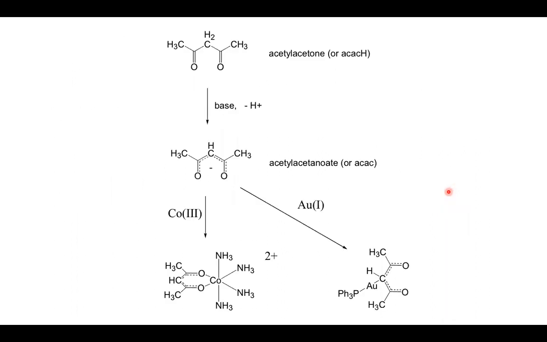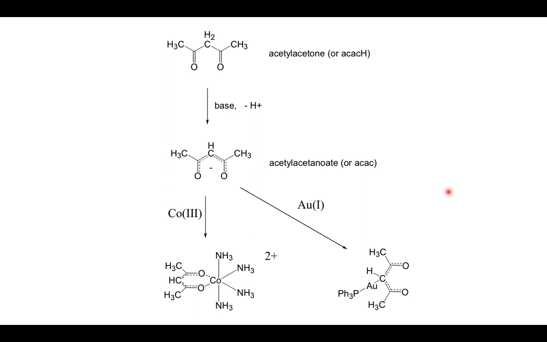Here we can see the different complexation modes of acetylacetone, or acetylacetonate, or ACAC. It's basically easier to say ACAC. It is a ligand which can also have different binding modes based on whether or not the metal is a hard or soft metal.